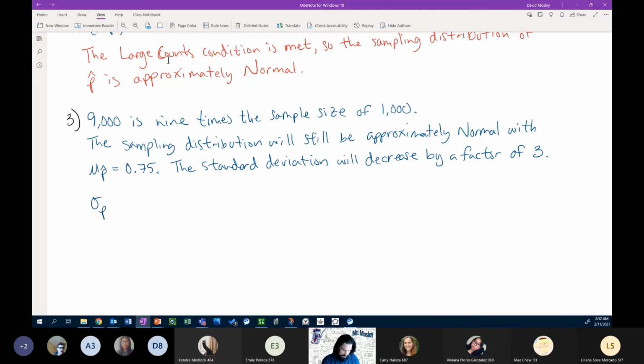So we get the standard deviation is the square root of 0.75 times 0.25 divided by 9,000. And we get a new standard deviation of 0.0046.